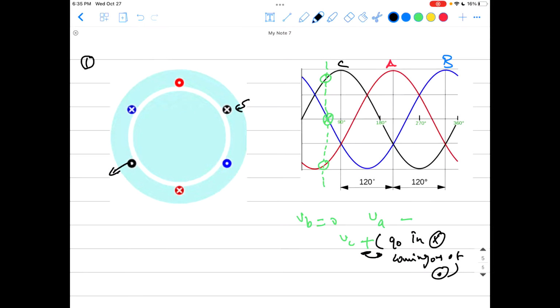If you apply the right-hand rule, the magnetic field will be perpendicular to this direction, and it will have this direction, okay? To the black one that's coming here from C, okay, guys? So that's the direction of the magnetic field of phase C. What about phase A, the red one? Phase A will be negative.